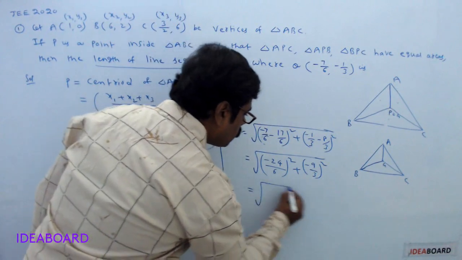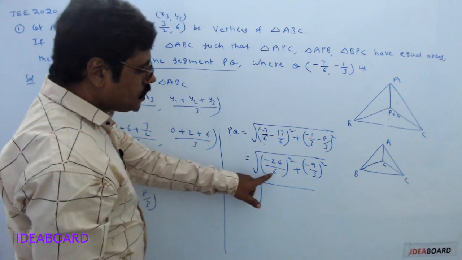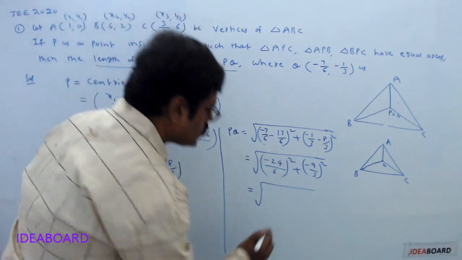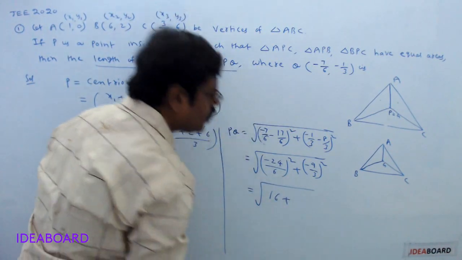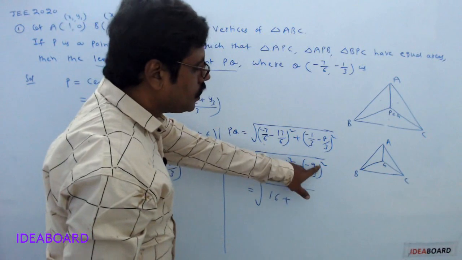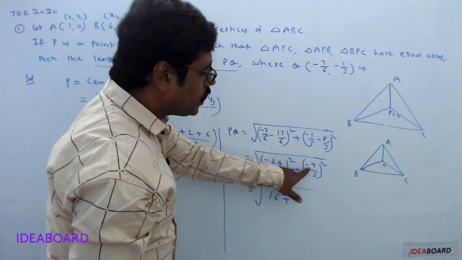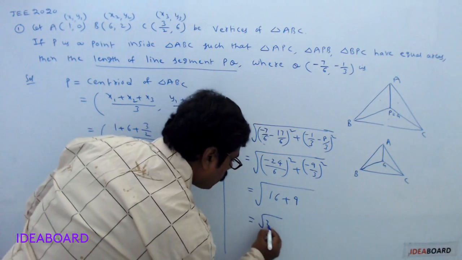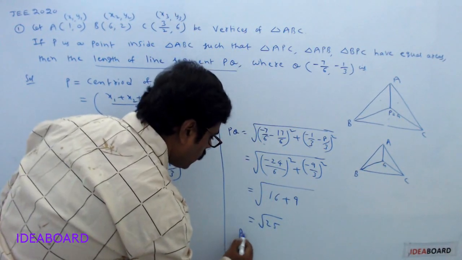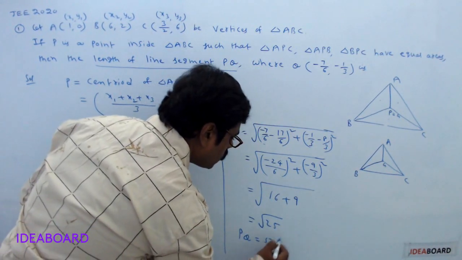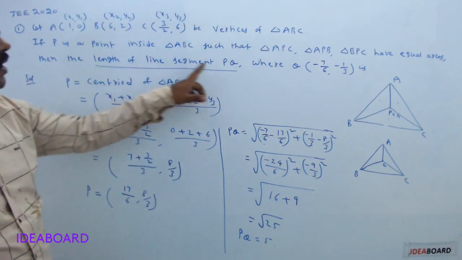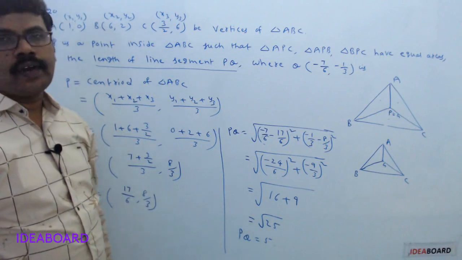This is equal to the square root of, 6 will be cancelled in 24, 4 times, (-4) whole square, that is 16, and 3 will be cancelled in 9, 3 times, (-3) whole square is 9. So this is the root of 25. Therefore PQ equals 5. So the length of the line segment PQ is 5.